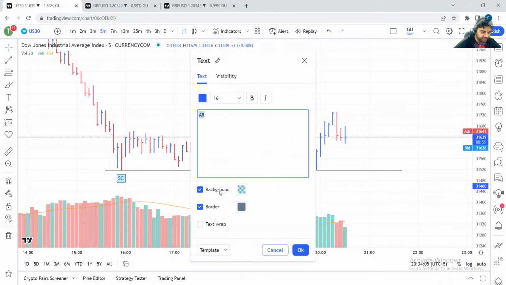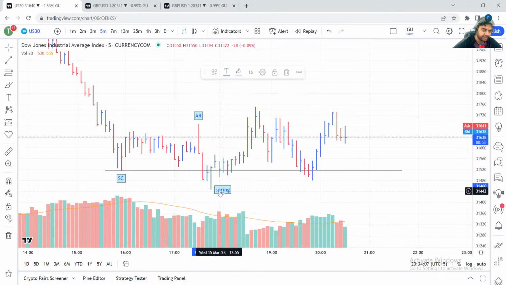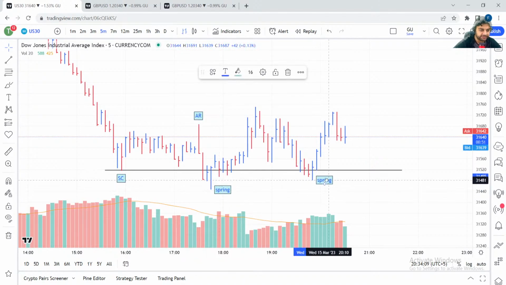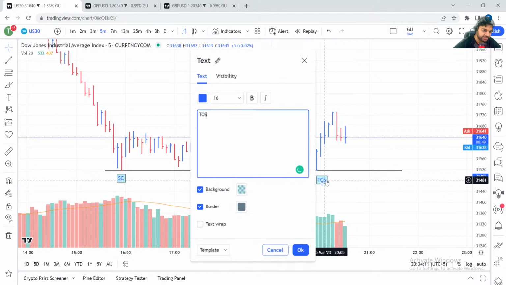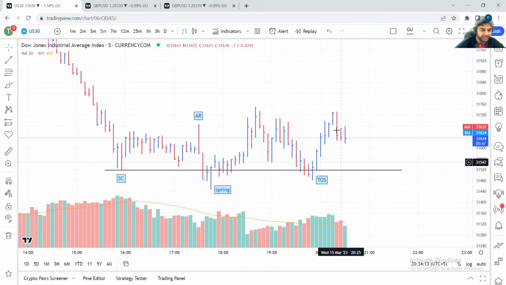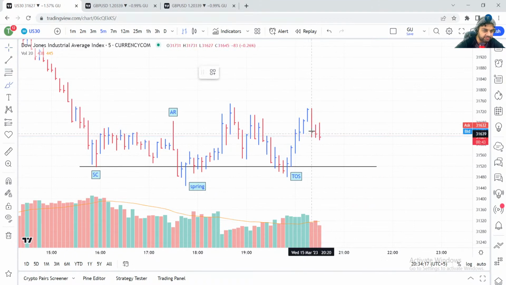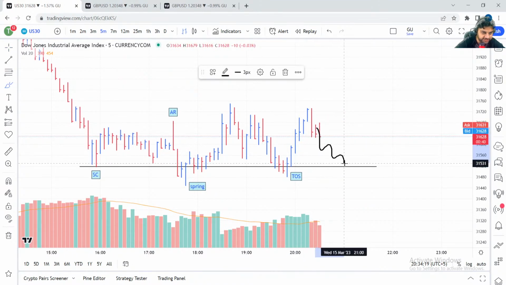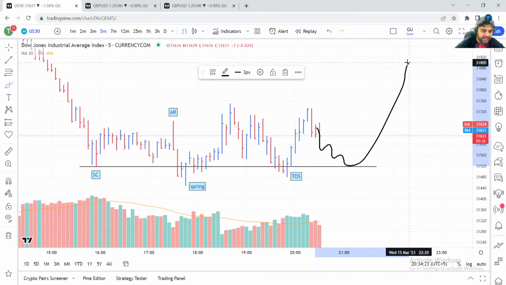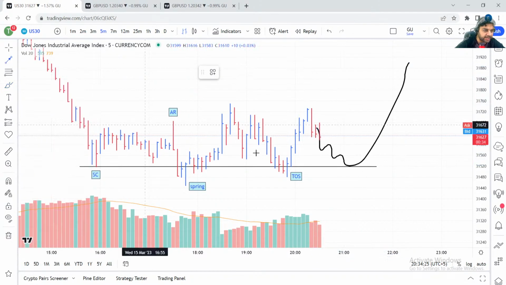Then we have a spring, and then test of spring. And then what's going on over here? Maybe this is the jump across the creek. So I will wait for the market to come down to this level, and when the market tests this level, then I will be willing to buy.